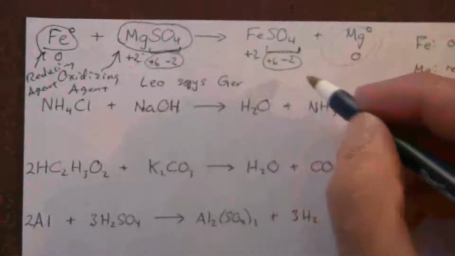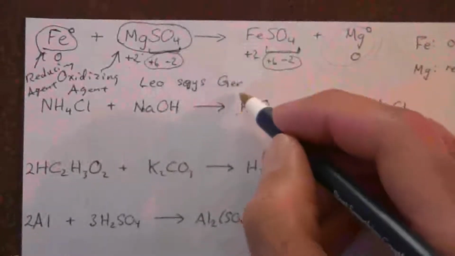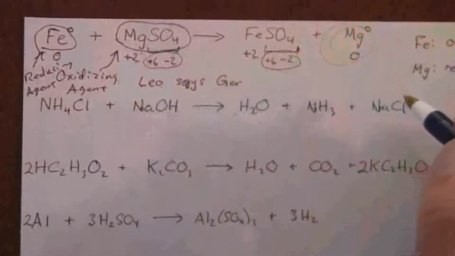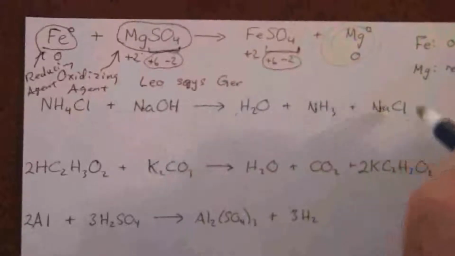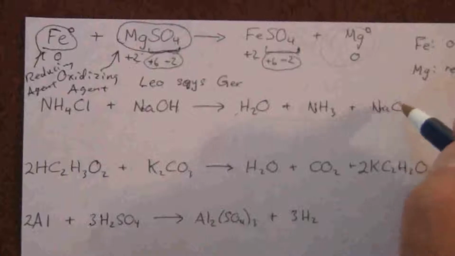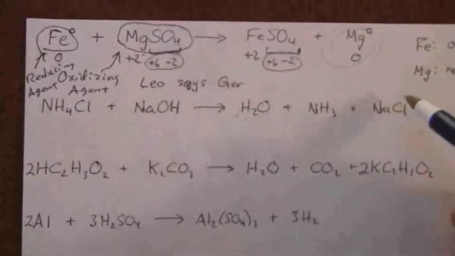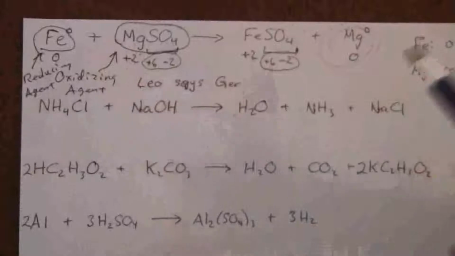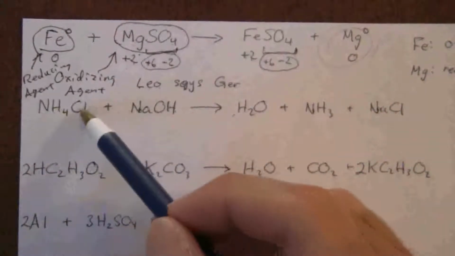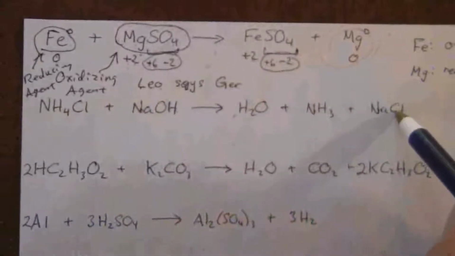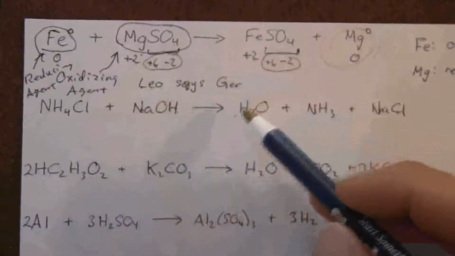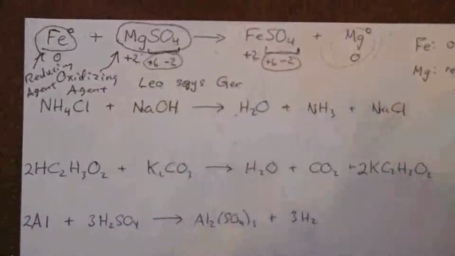All right. So I really don't need to worry about the water or the sodium hydroxide, and for that matter, I don't even need to worry about the sodium chloride. Okay, because the Cl is Cl minus. Just looking at its charge, when you have a monatomic ion, the charge is its oxidation number. So ammonium chloride, sodium chloride, I don't need to worry about the chloride, the sodium, the hydrogen, the oxygen, none of those.